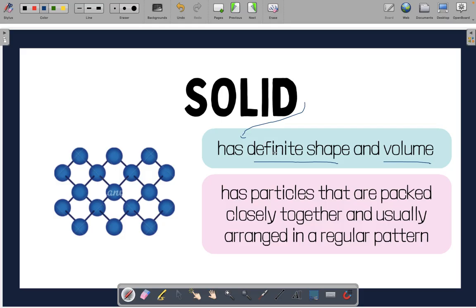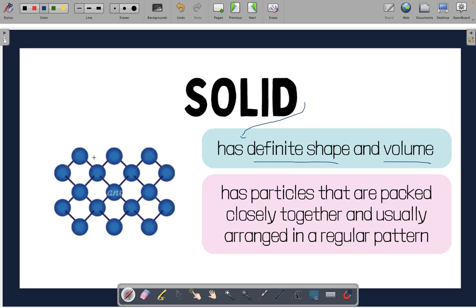Why is it very difficult? Because if you look at the particles or the molecules inside a solid, we just discussed that any matter is made up of multiple atoms, right? If you look at the arrangement of that, they are arranged very close to each other, and the pattern is also regular, right?